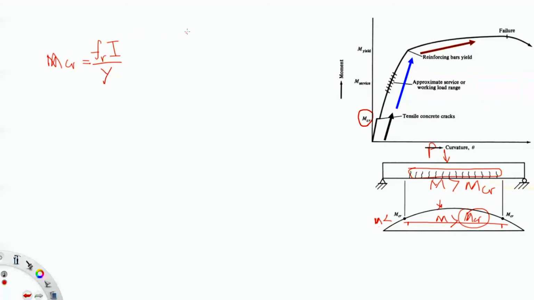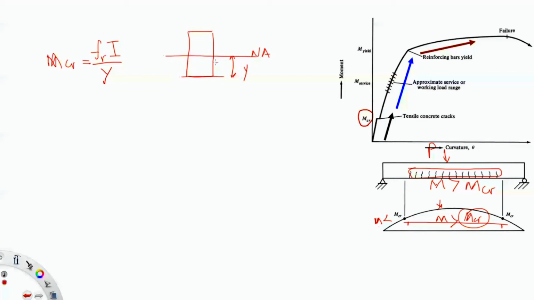So let's do it as a diagram for explanation purposes. We have a beam section here, right? Here will be the neutral axis. This is Y, from the surface of the beam to its centroid.